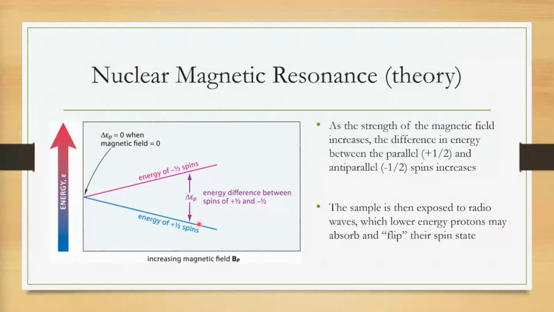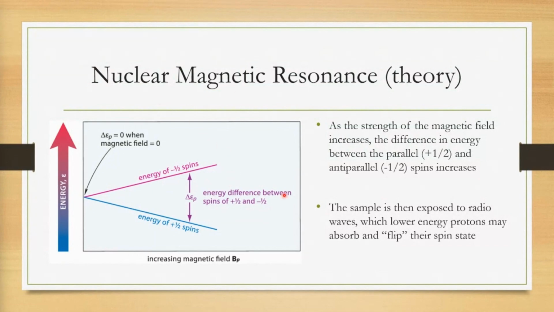If your sample is then exposed to radio waves, the nuclei that are at the lower energy can absorb a specific wavelength of energy to then exist at the higher energy state. So in this way, it's very similar to the other analysis techniques we've looked at, where molecules will absorb energy of a certain wavelength, and we detect the energy that is absorbed, or the energy really that's not absorbed, and that tells us what the molecule does absorb.